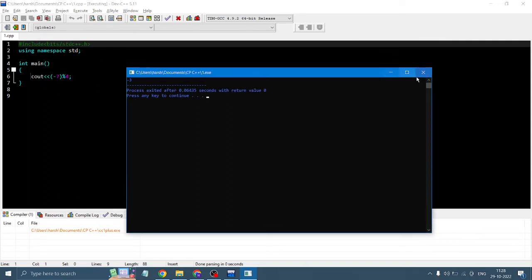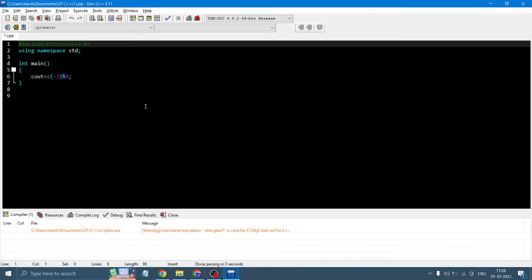Now suppose we want 1, because both are legitimate answers, right? -3 is an answer, and 1 can also be an answer for this, because -7 can be written as 4 into -2 plus 1. So 1 can also be an answer for -7 mod 4, right?